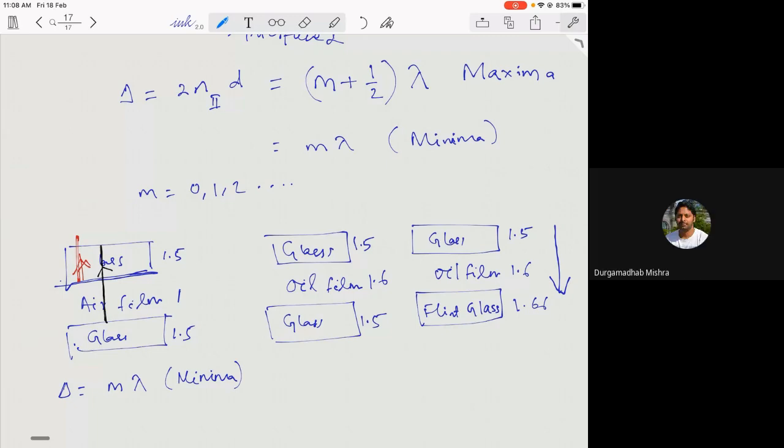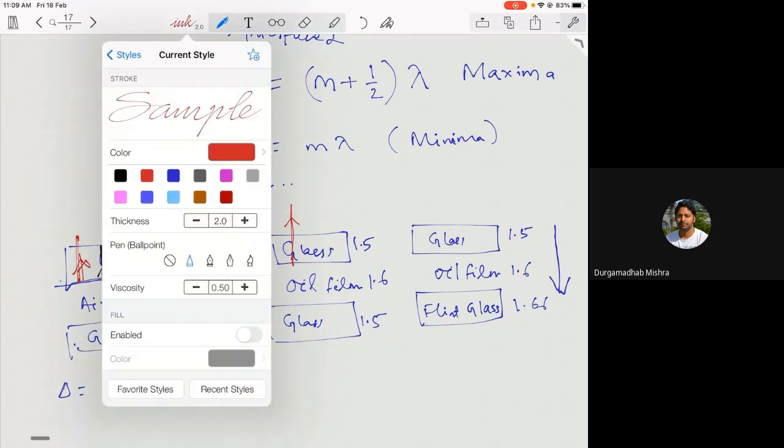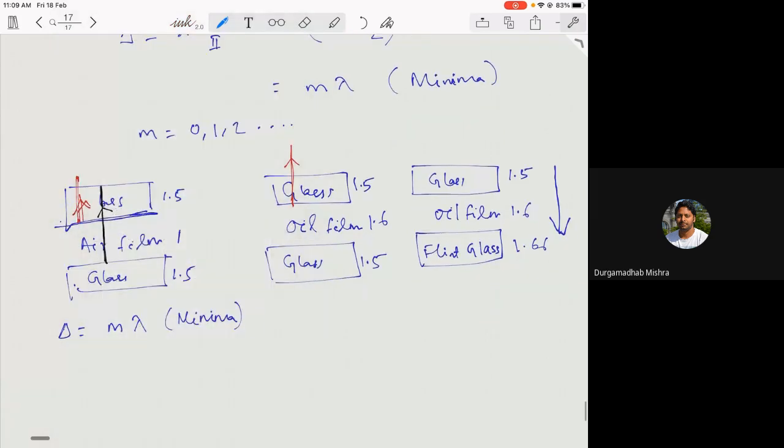So in the second case, let's say again I have this red one and a reflected one, this is the black one. The red one will undergo a phase change because the oil film has a higher refractive index, so it is coming from a rarer to a denser medium.